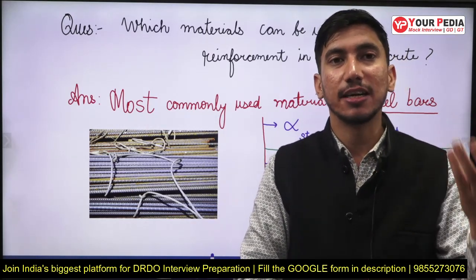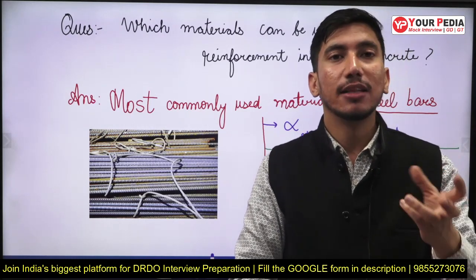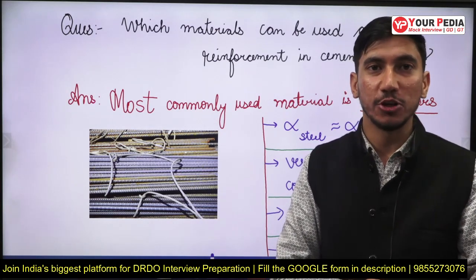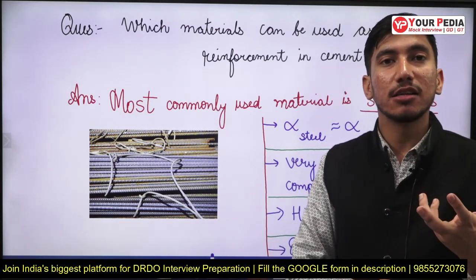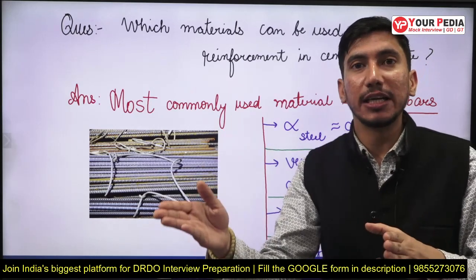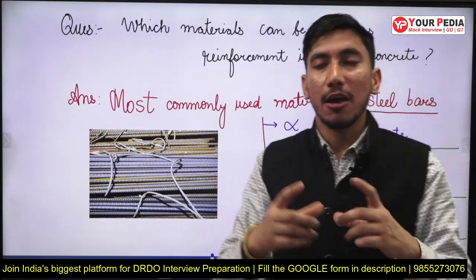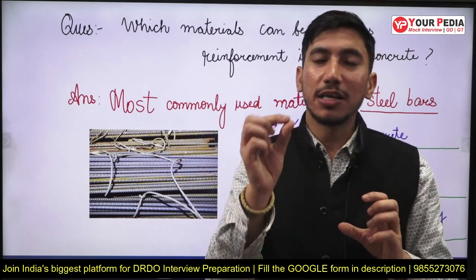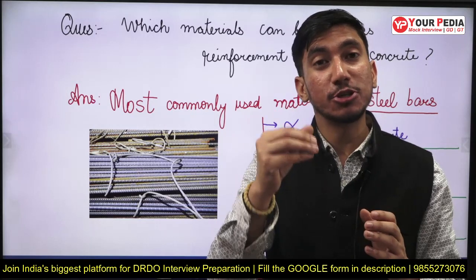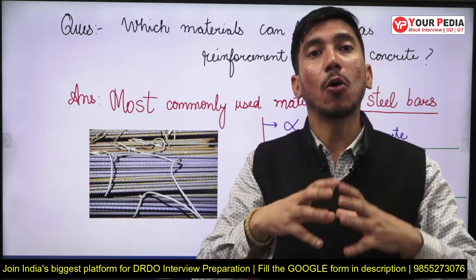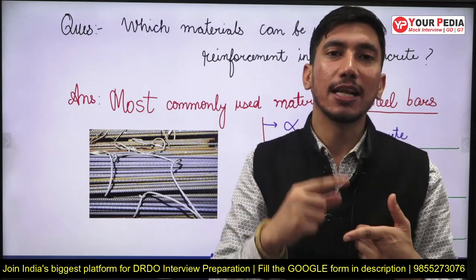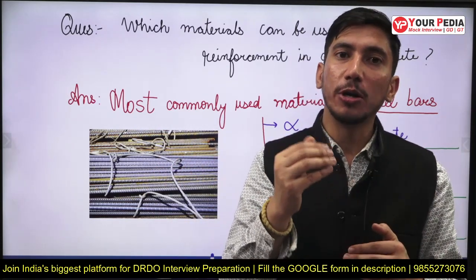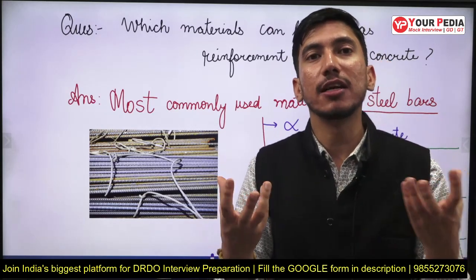This I have stated even in the beginning of the video, that steel rebars are used as the reinforcement in most of the applications. Now why is steel rebar so widely used, and not any other material? The biggest reason for this is, whenever we are going to use a material inside the concrete, there must be a bond that should develop, or that should keep on existing between the concrete and steel at all times, because otherwise, if there is no proper bond between both those materials, the materials will behave as individual ones.